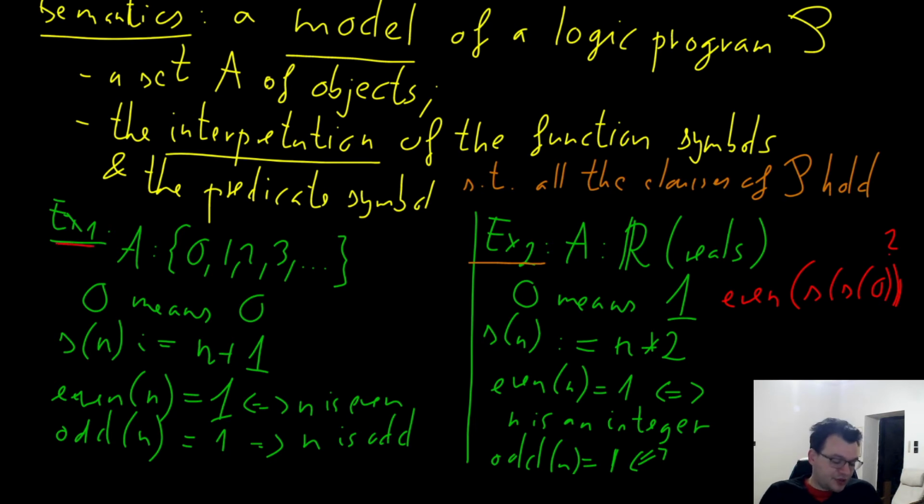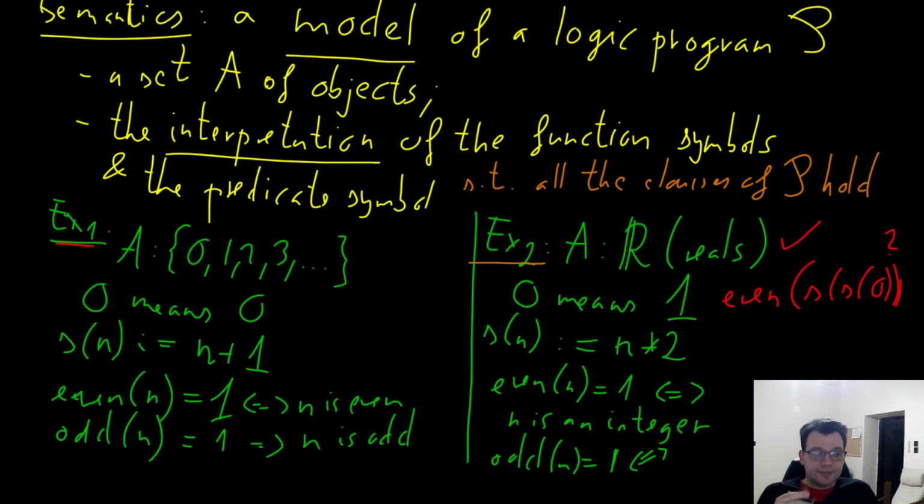In the first model of the program, 0 stands for 0, s of 0 is 1, s of 1 is 2, and even means evenness. So the question means: is 2 an even number? And it is. So in the first universe, we can safely say yes.